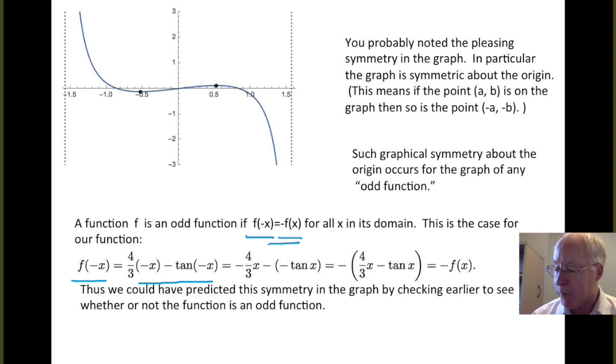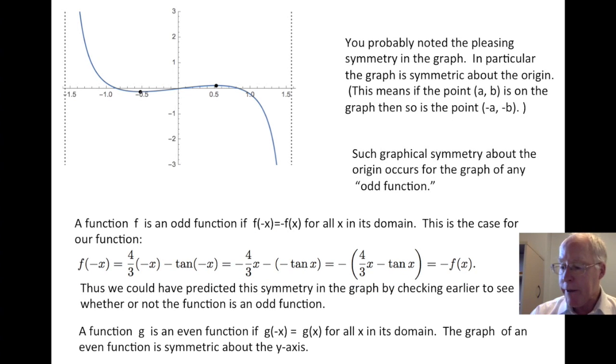This gives us minus 4/3 x. The tangent also, in fact, is an odd function, so tangent of minus x is minus tangent of x. And we can then factor a minus sign out and see we do come back with minus f of x. So we could have predicted this symmetry from the graph by checking earlier to see that this function is an odd function.